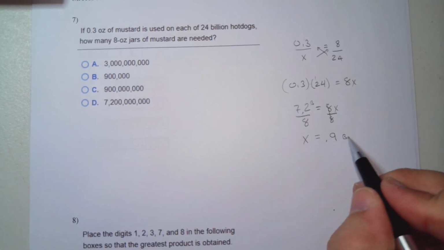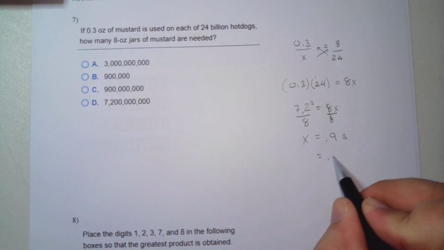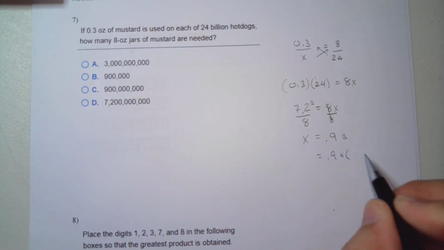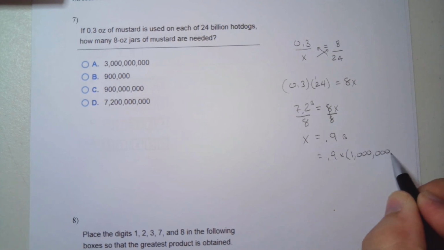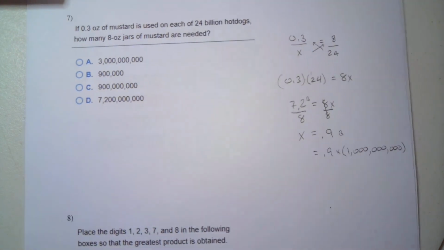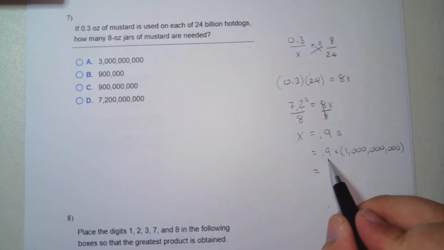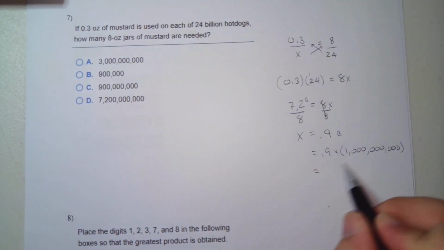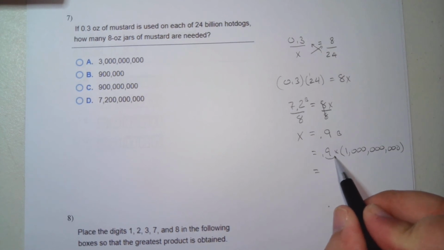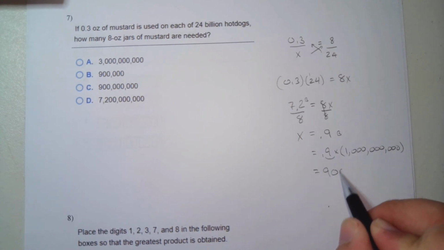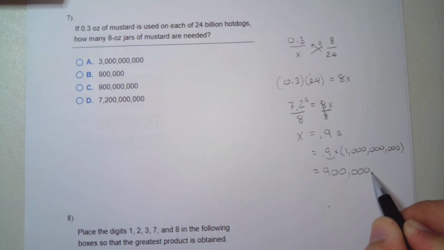So a billion is 1,000,000,000. So if you have to move it one decimal place, it's going to be 900,000,000.